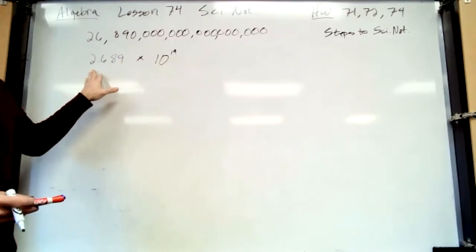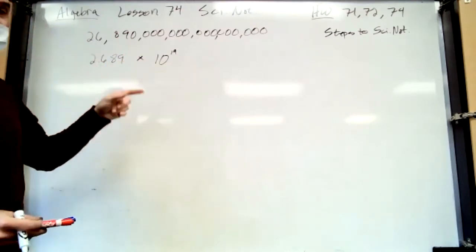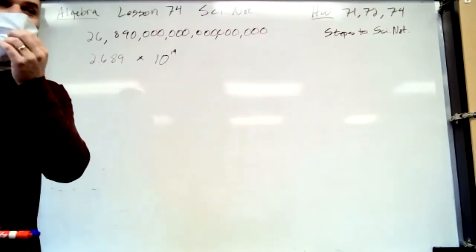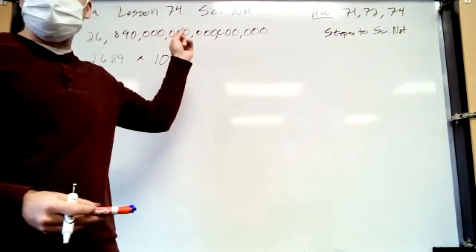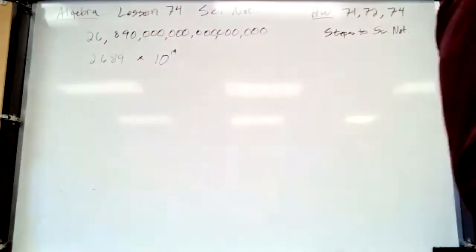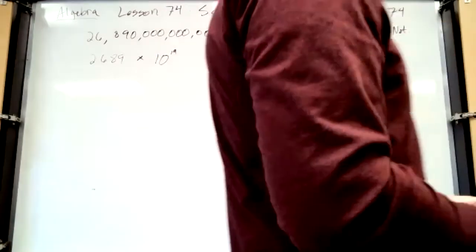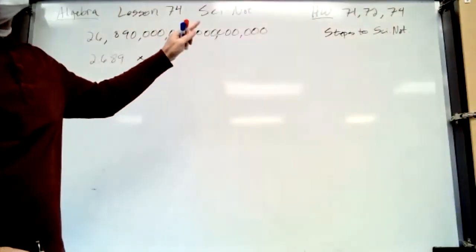That's why I say put it after the first non-zero digit, because that guarantees that the first number is in between 1 and 10. Now, when I multiply this number times something, I'd much rather multiply a number that's in between 1 and 10 times another number that's in between 1 and 10. That's why we do this, because I can multiply powers of 10 all day long. You just add the exponents, whatever.